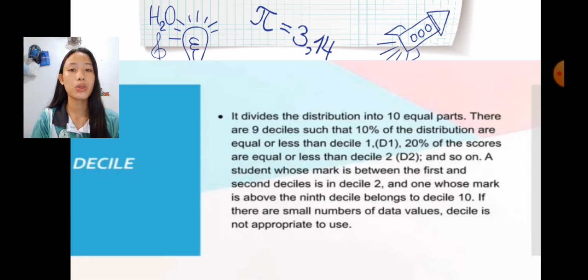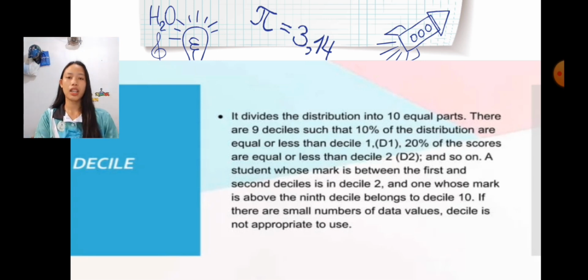If a student falls into decile 2, it means their score is higher than the bottom 10% but lower than the top 80%. If a score is in decile 9, it belongs to the top 20% but below the top 10%. If there are small numbers of data values, decile is not appropriate to use.